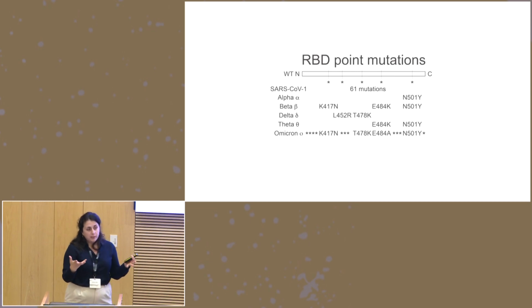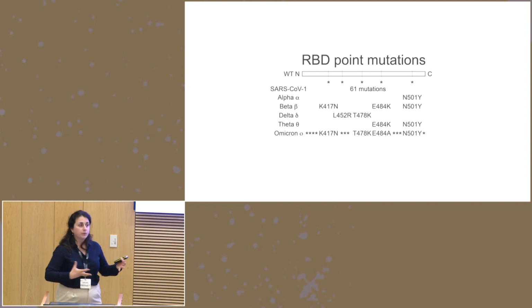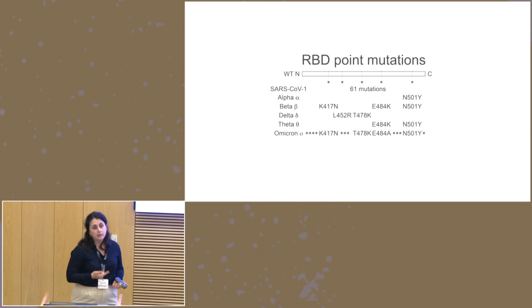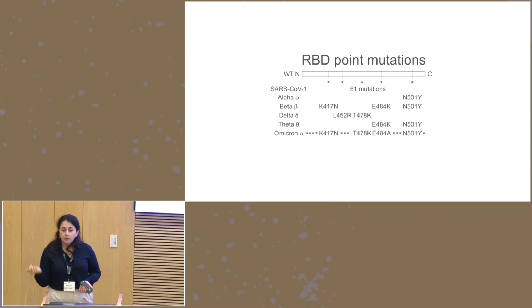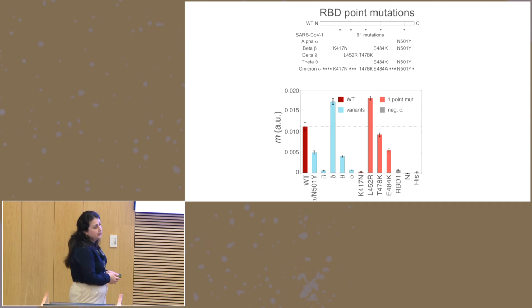We're able at the genetic level to come and present on our arrays the wild type, the different variants, alpha, beta, delta, omicron, as well as the single point mutations that are present in those mutants.